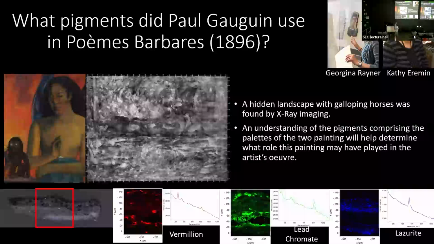And we do point-by-point mapping. So we take a spectrum, move the sample, take a spectrum, move the sample, and then we get a spectrum from each of these points, and then we can take the spectrum that we collected and correlate it to a spectral library of the different pigments.